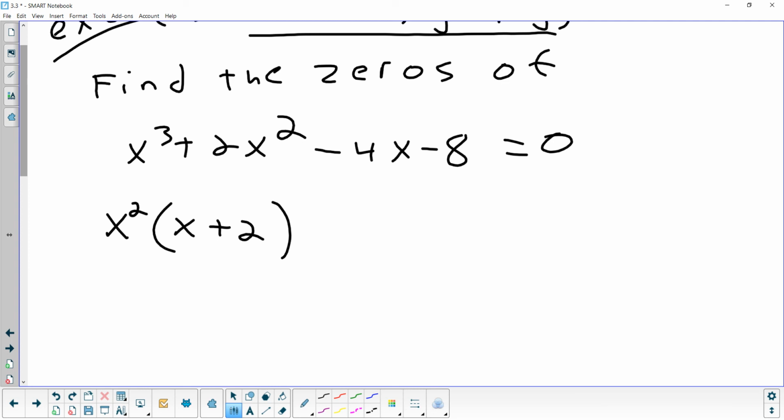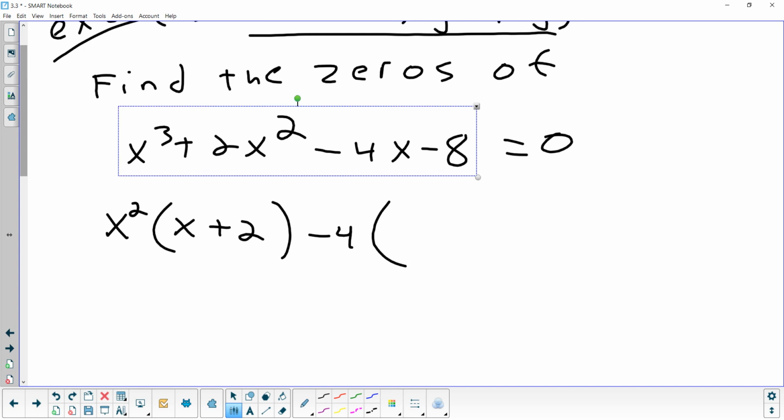That's how factor by grouping works. Let's see what happens. What can I factor out of -4x and -8? -4. All right, let's try -4. What would you be left with if you factor -4 out of -4x? X. And what if you factor -4 out of -8?